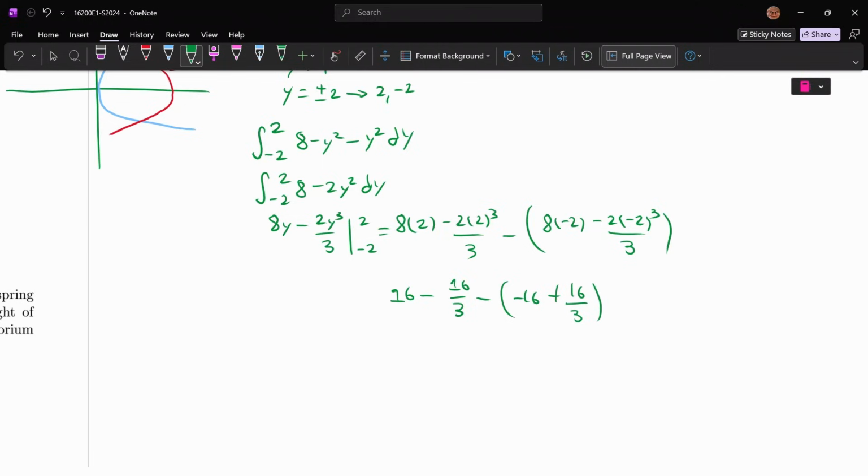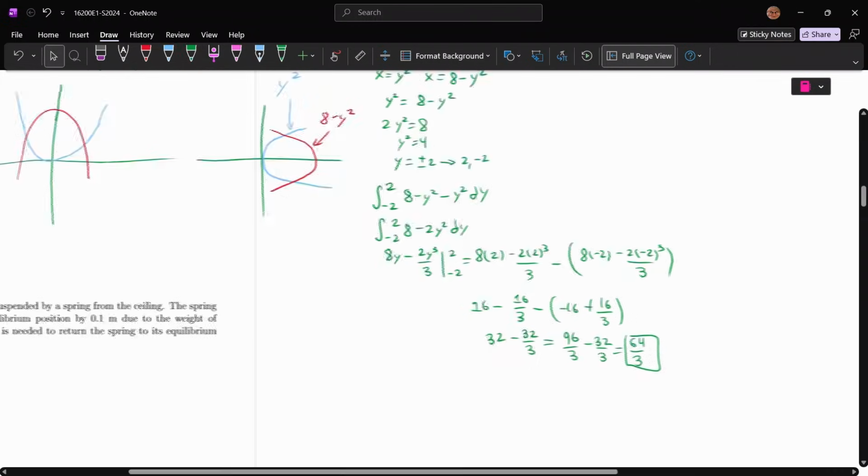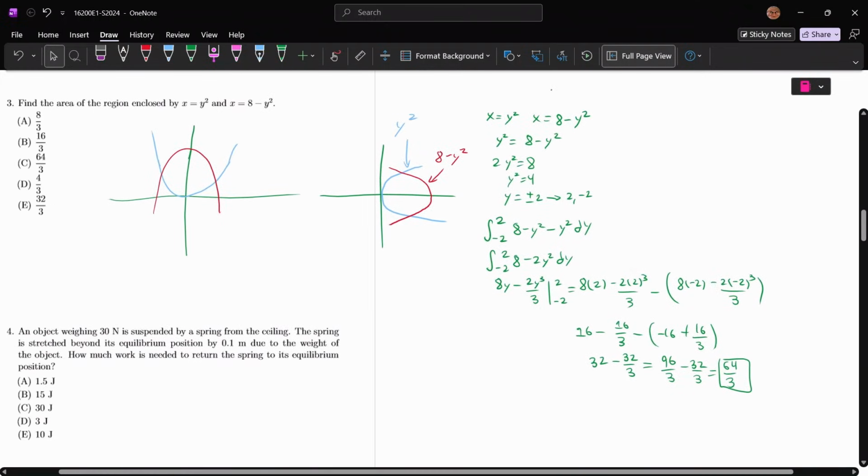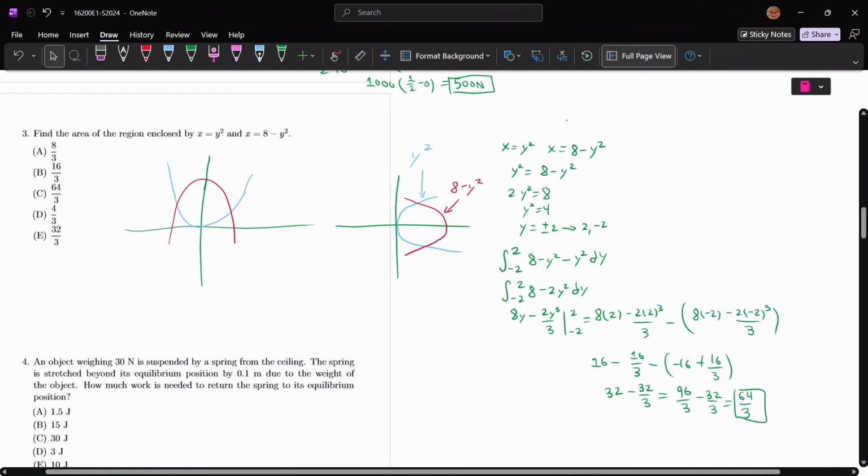Simplifying again, you should end up with 32 minus 32 over 3, which equals 96 over 3 minus 32 over 3, which just equals 64 over 3. So this would be the area between the two curves here. The answer to this question should be C.